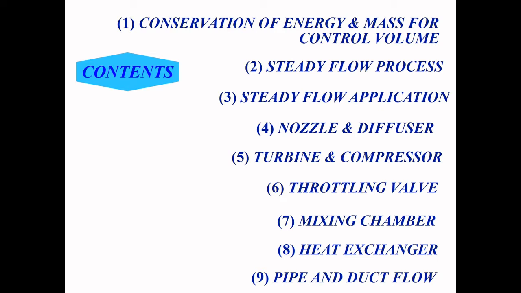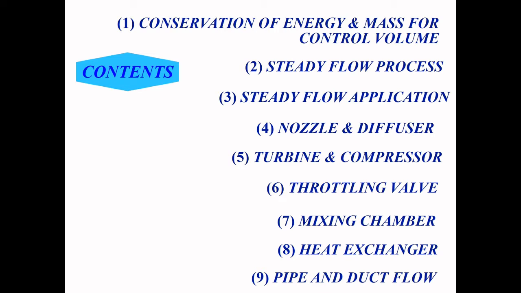First, we discuss the conservation of energy for the open system, then conservation of mass, and also the steady flow process. So these are the new principles that we will learn in chapter number 4.